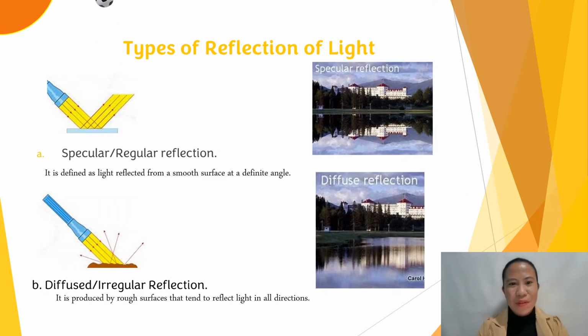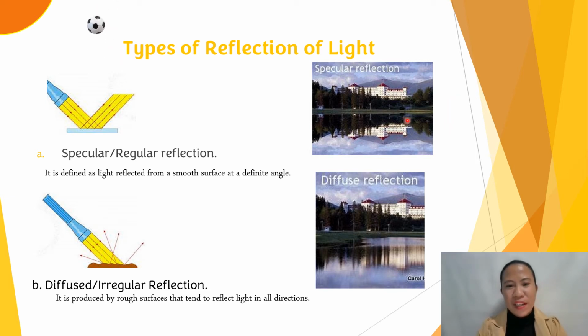We have two types of reflection. We have specular or regular reflection and diffuse or irregular reflection. So when does it happen? Regular reflection happens when you have a smooth surface. So like this one, you have a mountain, buildings and trees on the other side of the lake.